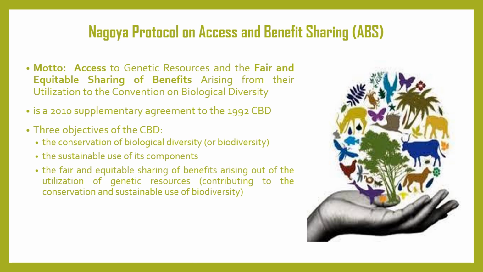So the motto is access and benefit sharing. First, access to the genetic resources. This means any genetic resource, for example, any medicinal plant used by a traditional healer of a tribe.